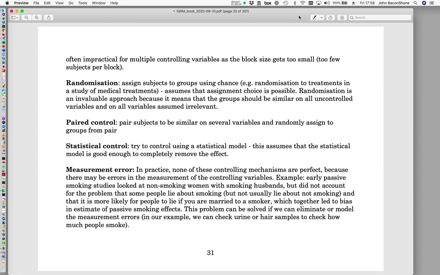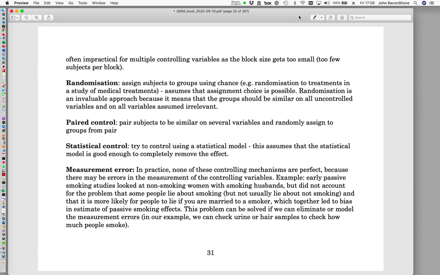So what's the problem? The primary problem is one of measurement error. So the problem with all these control mechanisms, and particularly the one of statistical models, is that there may be errors in the measurement of the controlling variables.